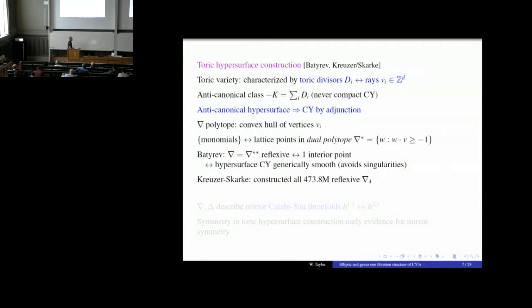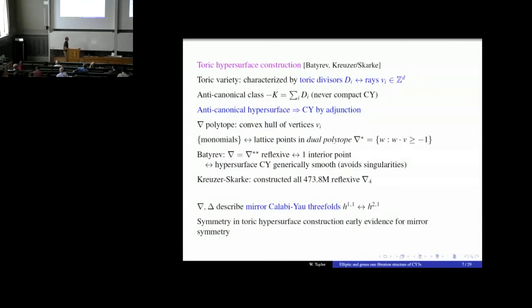And under those conditions, Batyrev showed that a hypersurface in that toric variety is generically a smooth Calabi-Yau. And so Kreutzer and Skarke constructed, by systematic enumeration, all 473.8 million reflexive 4D polytopes, all of which give rise to various Calabi-Yau threefolds.